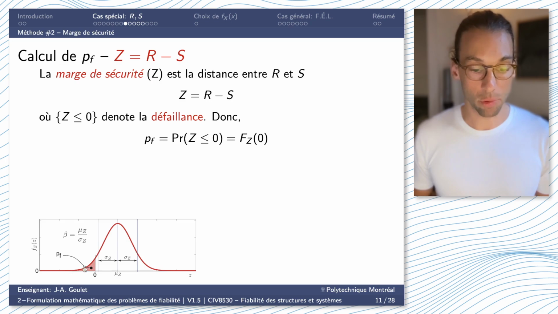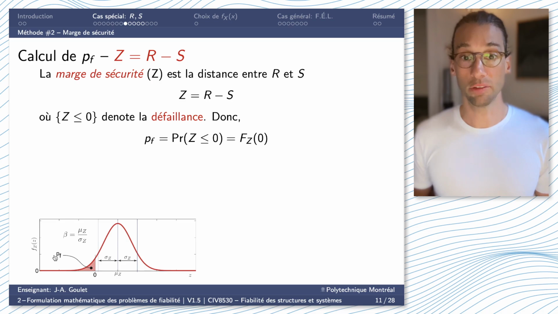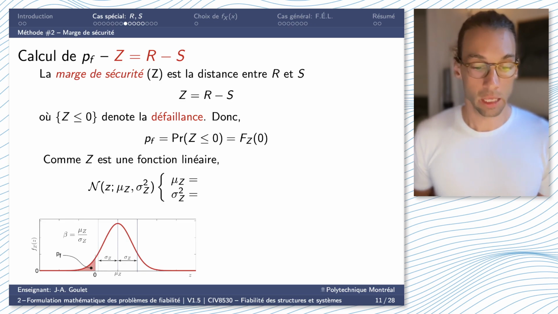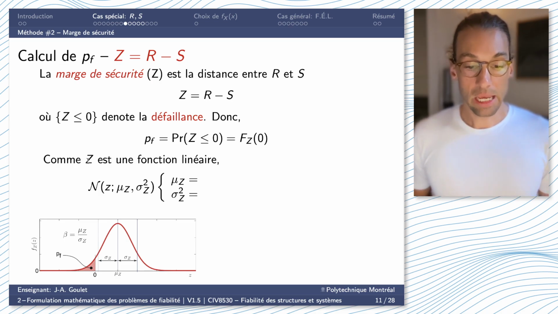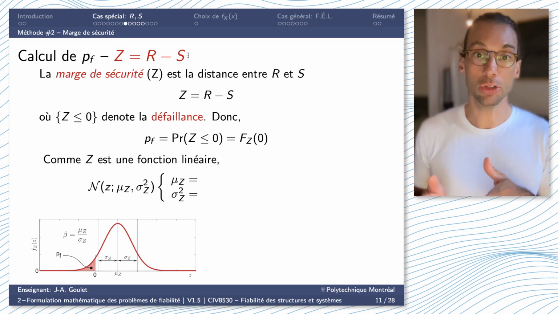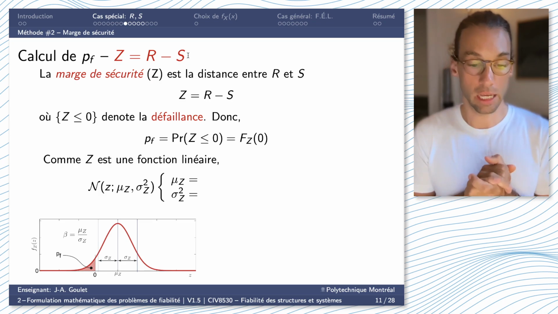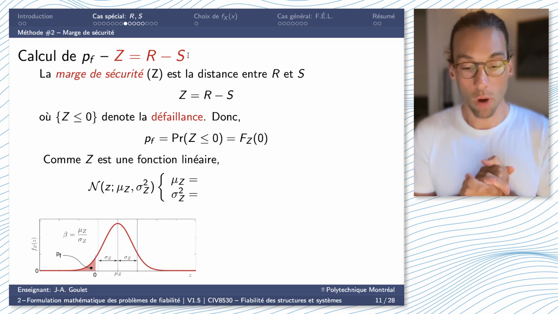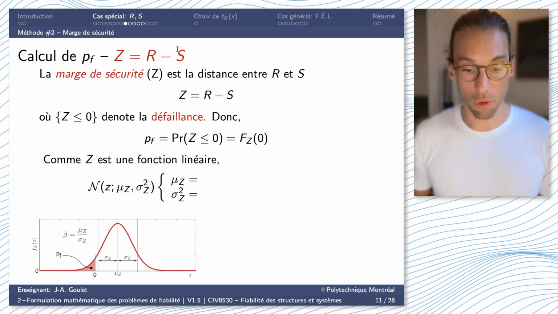So if we have the probability density function for Z, with a given mu Z and standard deviation sigma Z, my probability of failure is equal to the integral from minus infinity up to 0. We denote this PF. Since Z is a linear function of R and S, I can directly use the equations that we saw in the revision module 0, where the mean of Z is simply the difference of the means of R and S, assuming that R and S are themselves Gaussian.